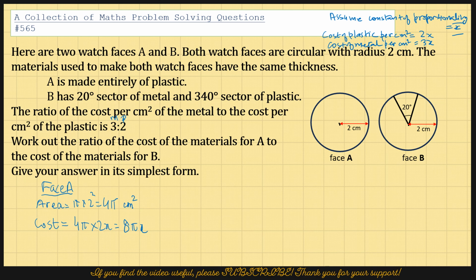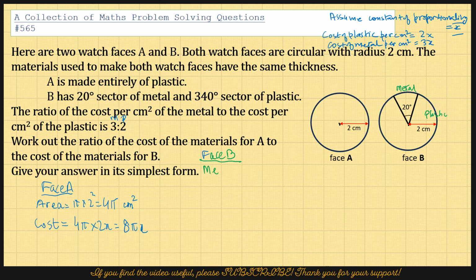So now we have to work out face B, and we do it by the sectors that we've been given. For face B, the 20 degrees is metal, and the rest of it is plastic.